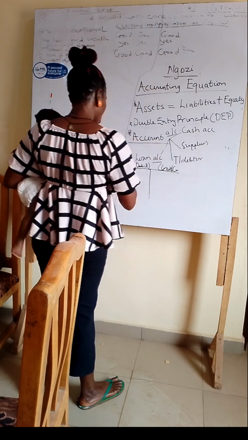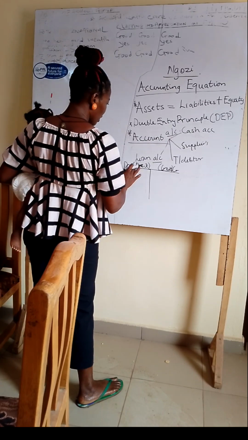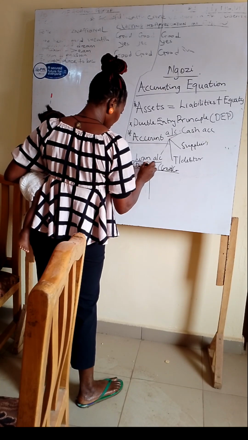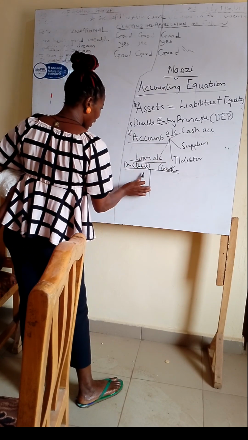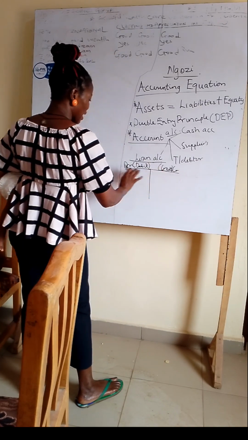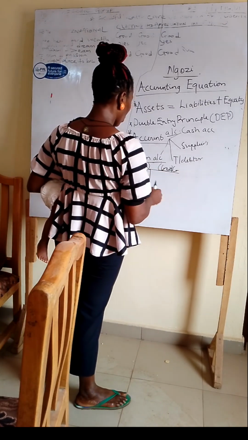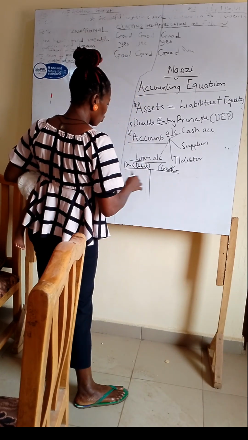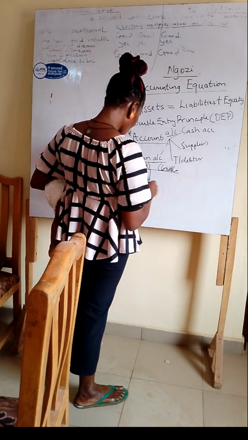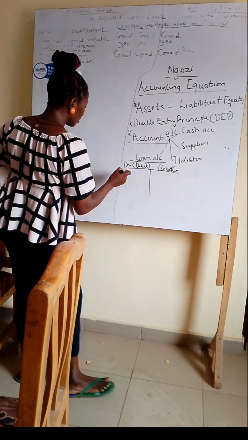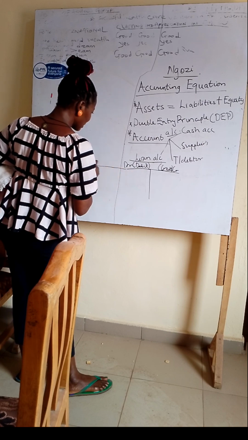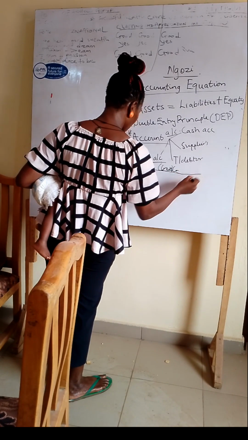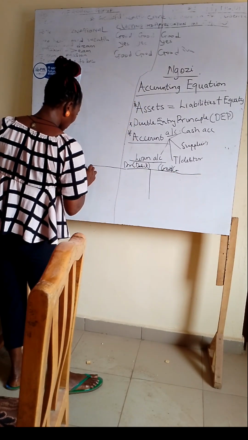Okay? This is what an account looks like. So let's assume this is a loan account, for instance. You have the debit side and the credit side. Every account has this shape. One side is debit, one side is credit. Left side is your debit, while the right side is your credit. Are we together? Now, this account properly has other things that we saw. Okay, you have your date.